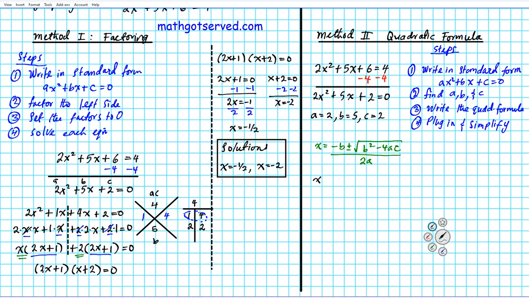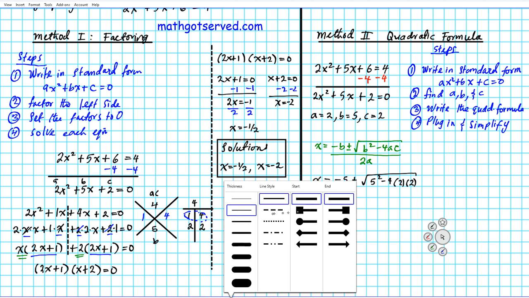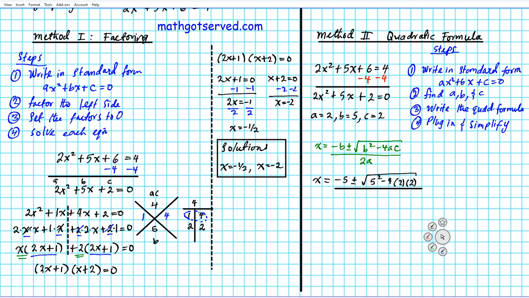So we have x equals negative b, which is negative 5, plus or minus the square root of b squared, so 5 squared, minus 4ac, 4 times 2 times 2. And then all that will be divided by 2a. So all over 2a, which is 2 times 2, because a is 2.